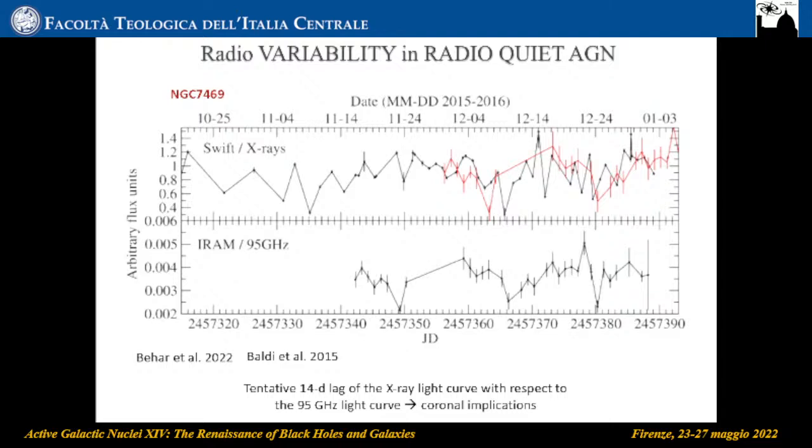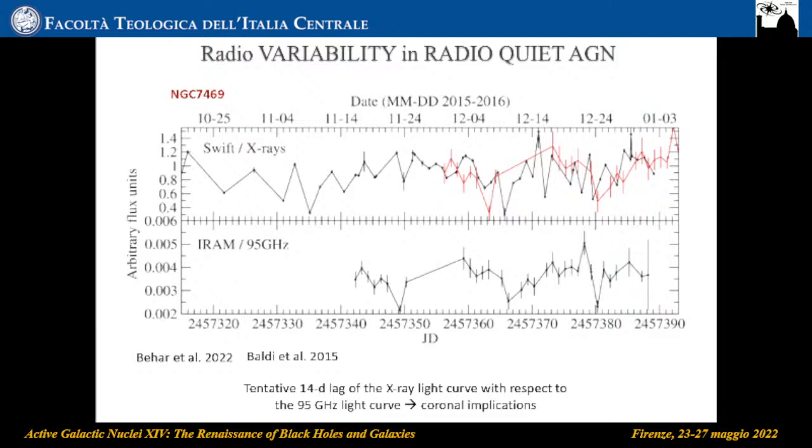This favors the idea that the radio emission may be coming from the hot corona that is producing X-rays. But we still have to explain why we observe, for instance, 14 days of time lag.